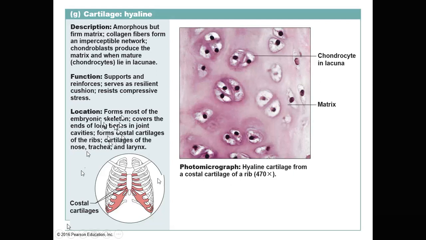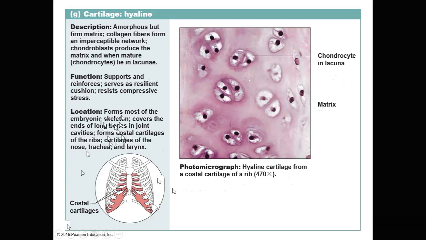With the elastic cartilage you see more dark purple, which are the elastic fibers. Remember, elastic stains darker purple. Function: maintains the shape of the structure while allowing great flexibility. Location: the external ear and epiglottis. Again, remember these locations. And then you have the chondrocyte in the lacunae, those cavities, and you see the matrix.